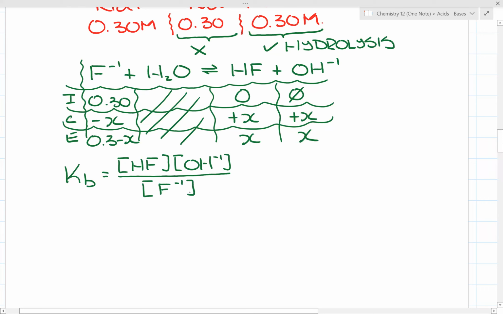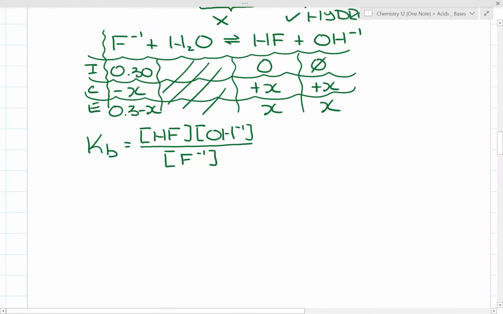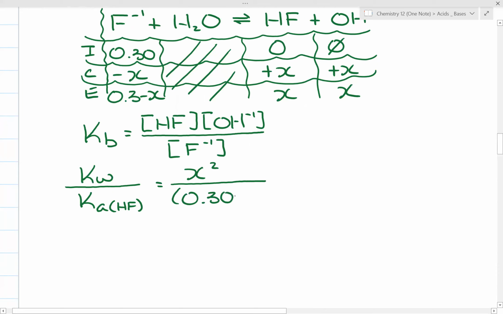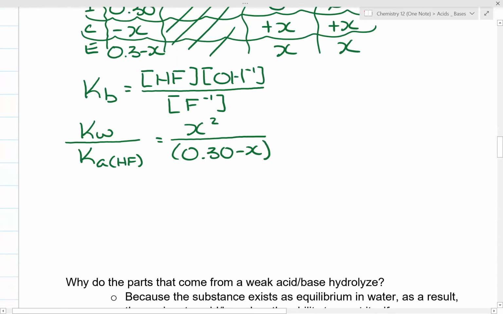Now, how do you figure out Kb? Remember, Kb is equal to Kw all over Ka. So in this case, it would be Kw all over the Ka of HF, equal to x squared all over 0.030 minus x. Okay, and here we go.